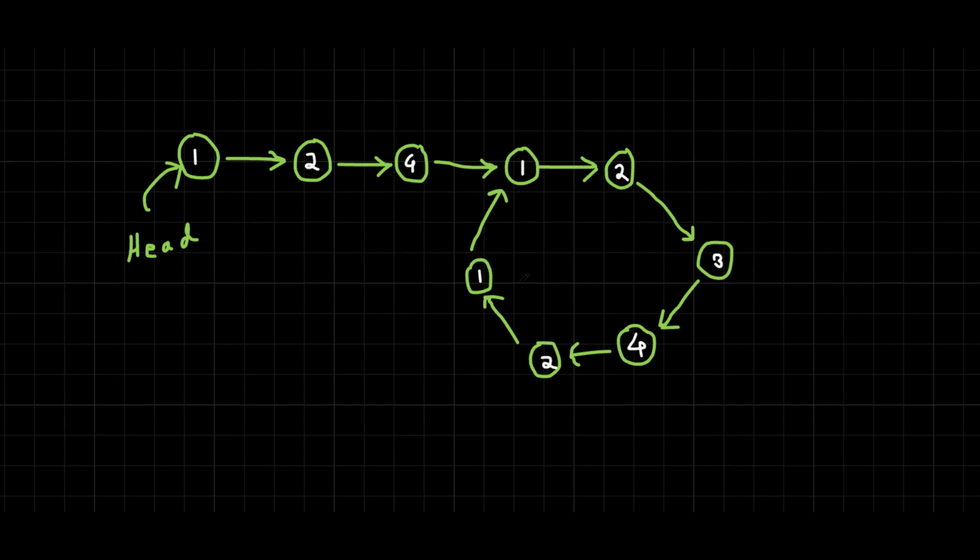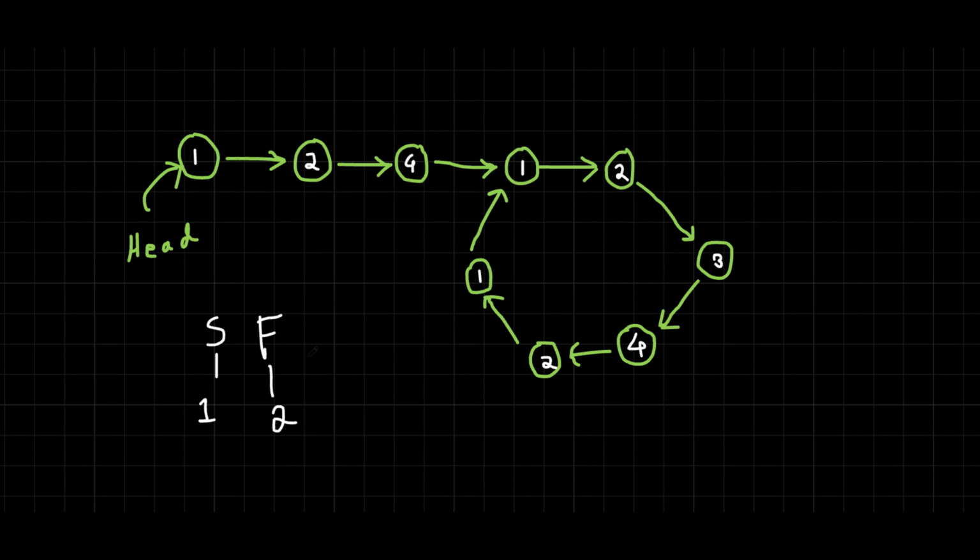Before jumping into the solution, let's understand the hypothesis. The hypothesis is, if we take two pointers, one slow and another fast, and the speed of the slow pointer is 1 unit, and the speed of the fast pointer is 2 units.